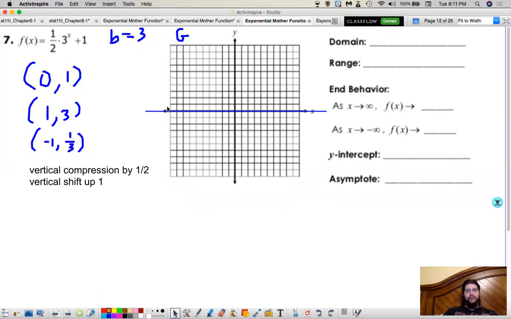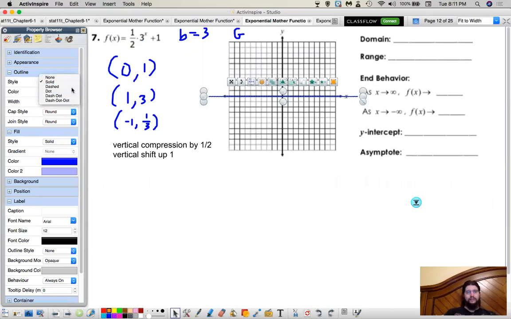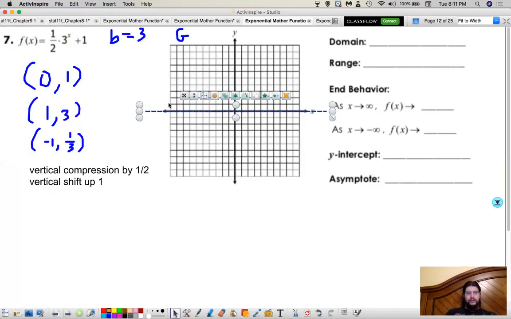That's going to move it up 1, so my asymptote is actually going to be at a positive 1. So I'm going to go ahead and just stick it there. That way, you won't have to erase one dotted line or have two asymptotes and one of them not actually be there. So just go ahead and start by shifting your asymptote. Makes it a little easier.